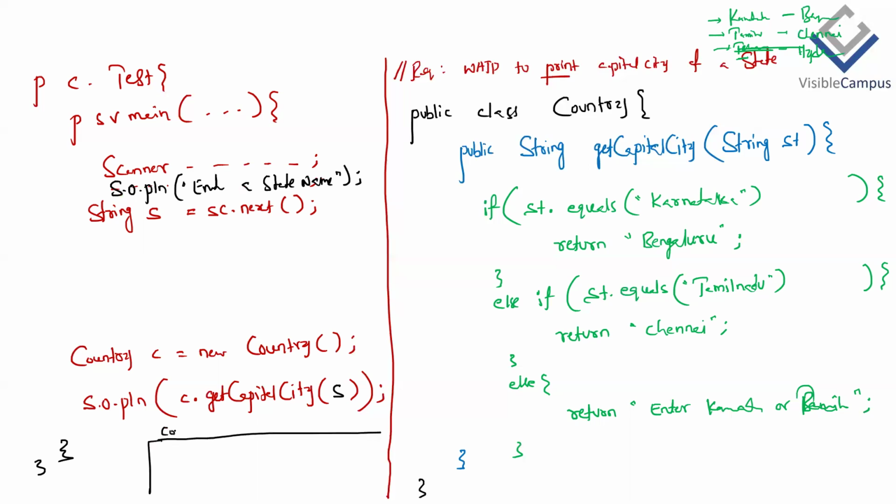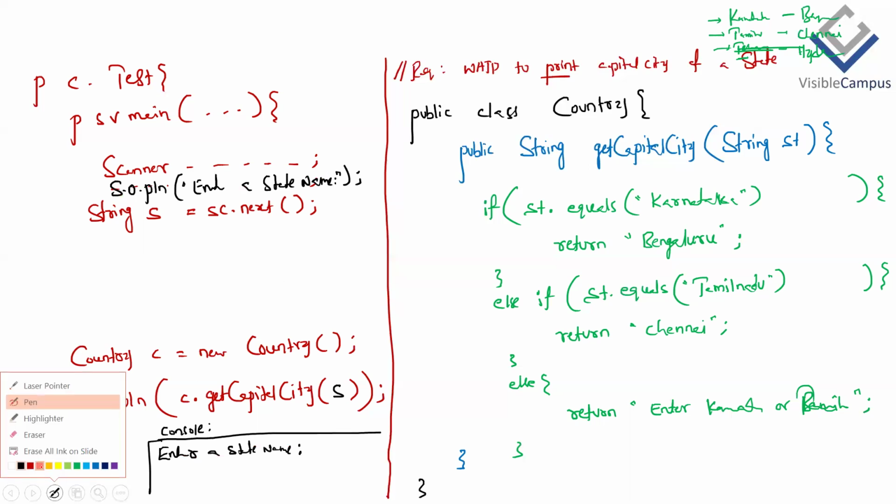In our console we get "Enter a state name" first, it will prompt us. Therefore, our end user has to give some name. So if I give, say, Karnataka, what's the output that we get?